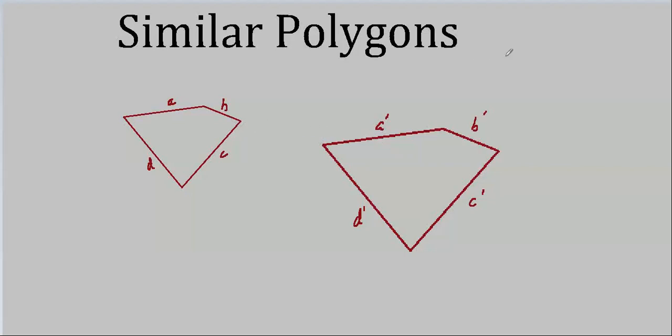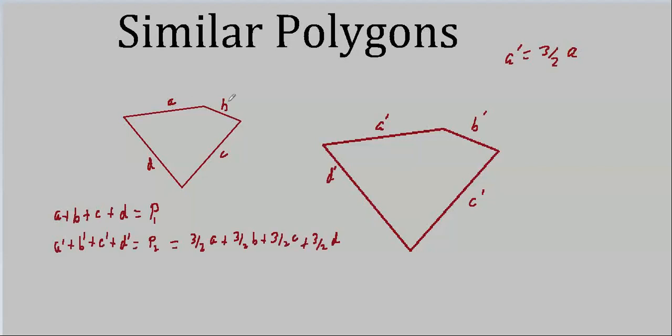A prime equals 3/2 of A. That's the scale factor. So, what's the perimeter here? Well, just A plus B plus C plus D. If we write out what our perimeters are for these two similar polygons, and remember, the perimeter is just the sum of the sides all the way around, in other words, the distance all the way around, following the straight sides, of course.